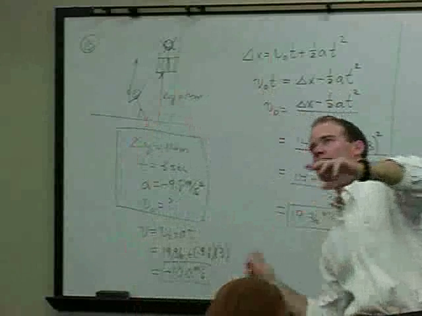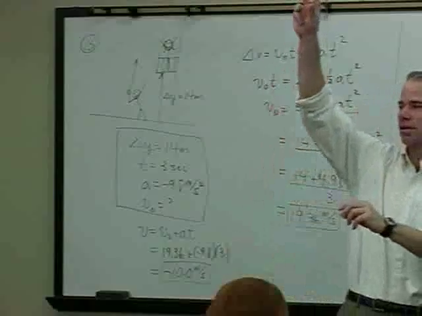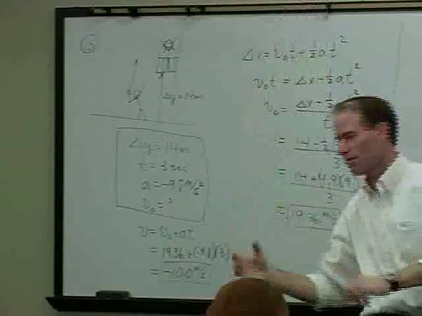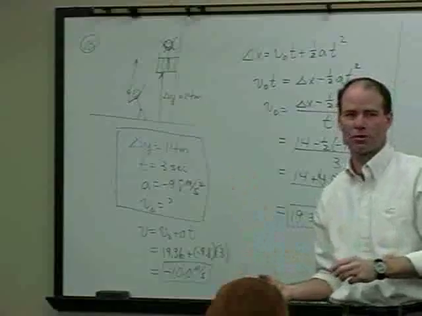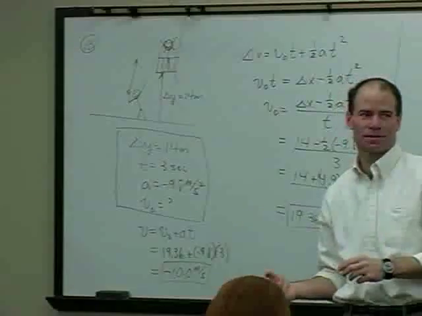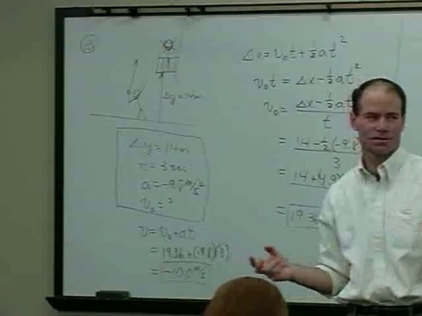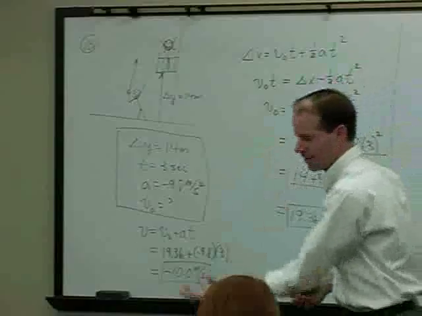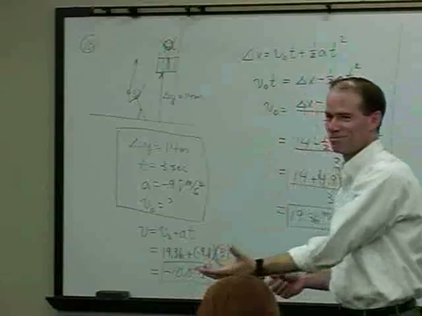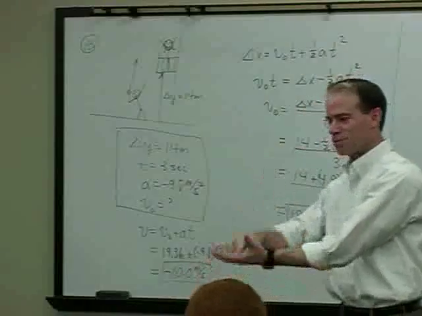It's going to start out fast, slow down to 0, start at 0, speed up. When I catch it, I catch it with the same speed that I threw it with, neglecting air friction. So if I throw it as hard as I can, it's going to come down and hit my glove if I'm playing baseball with the same speed.